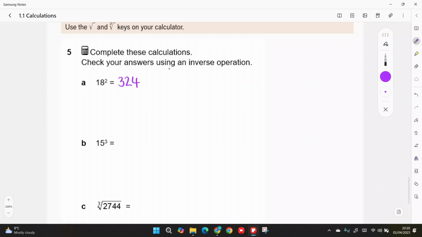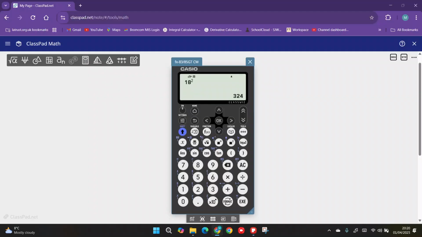Now it asks us to check the answer using an inverse operation. So the inverse operation would be the square root of 324. So we go to our calculator, clear our screen, and we look for the square root button. Our square root button is here, and we type in 324, and we get 18.